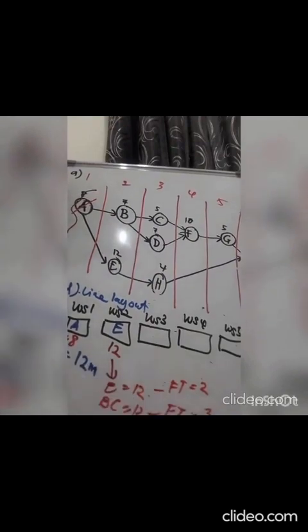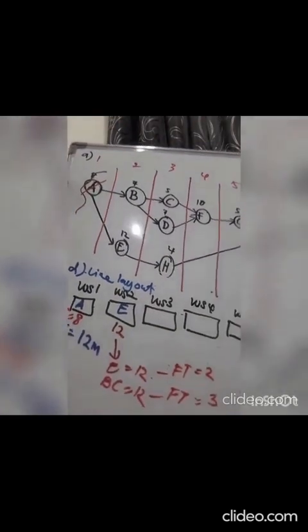So because of this, we give a priority to the one that has more following tasks. Okay, so we choose B and C, not D. Not E. Okay, susah sikit nak adjust for you to see.